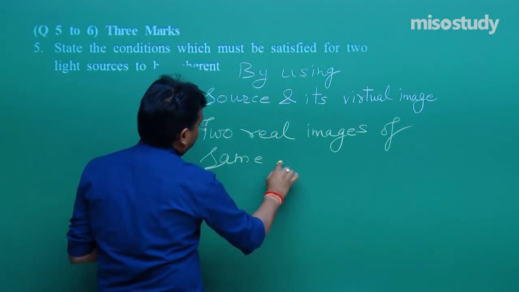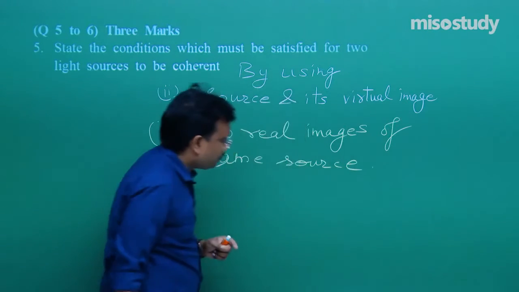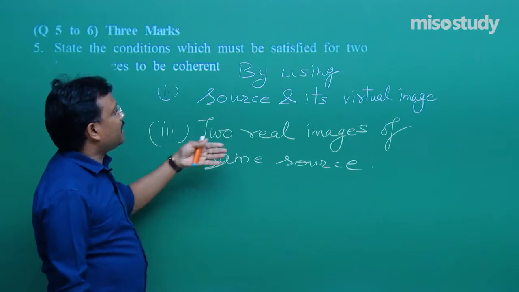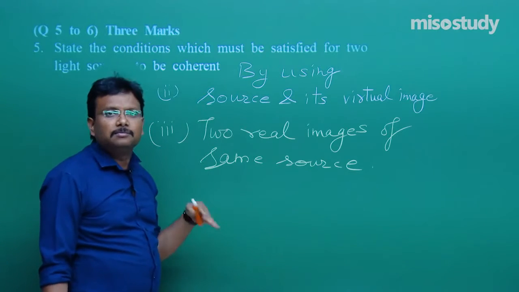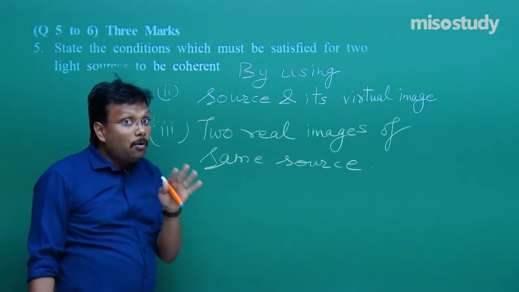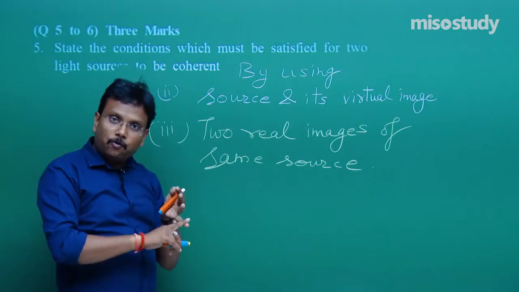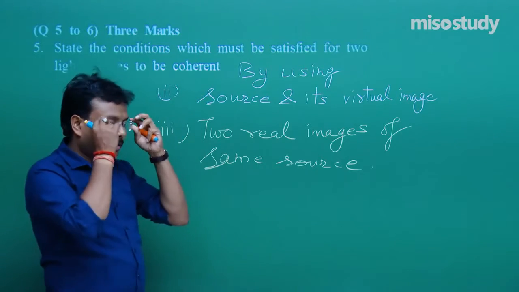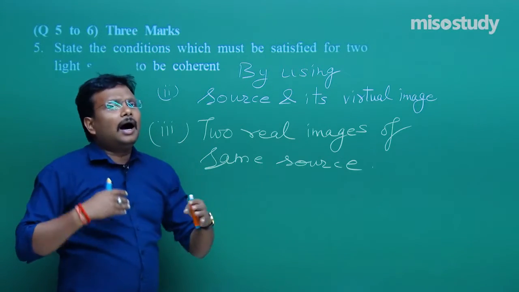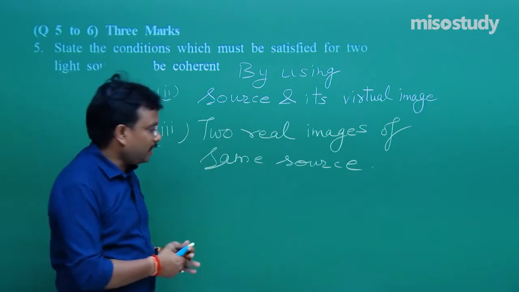So this way you can mention these 2-3 points. You can also elaborate it up to some extent, because if you watch question number 3, question number 4, question number 5 in totality, you can answer other questions also based upon this concept.